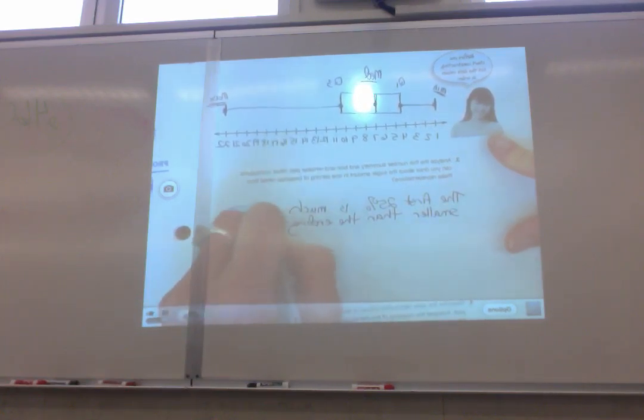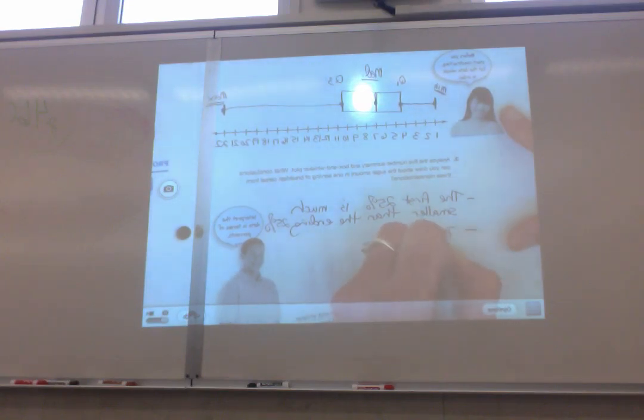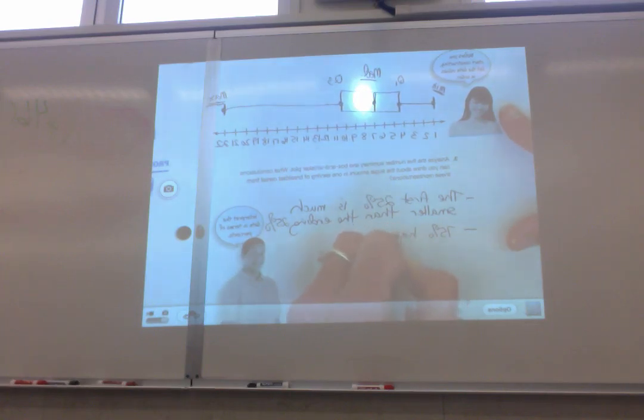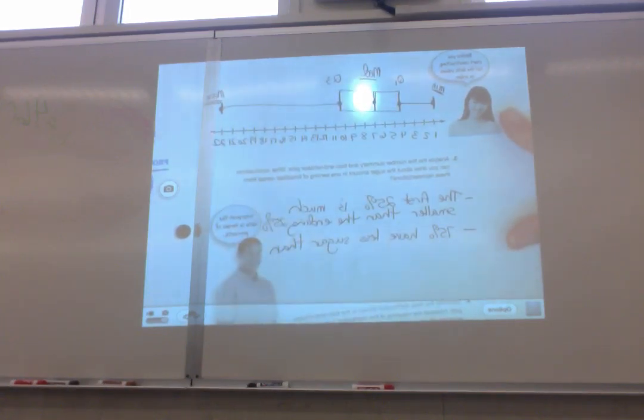Okay, thank you. Somebody else. Other conclusions. Kenya, what do you have? That 75% of all the cereals have less sugar than... what's the sugar number value?